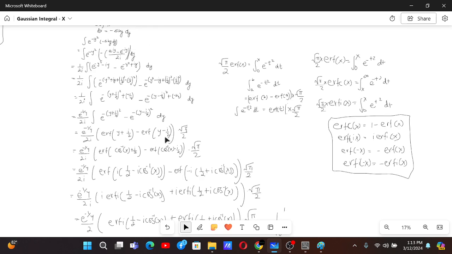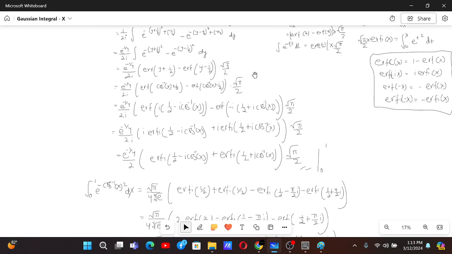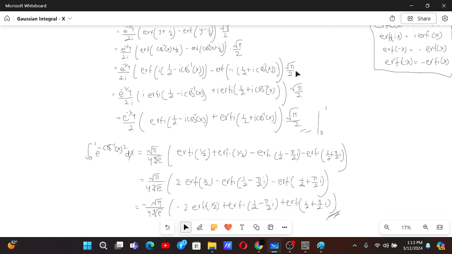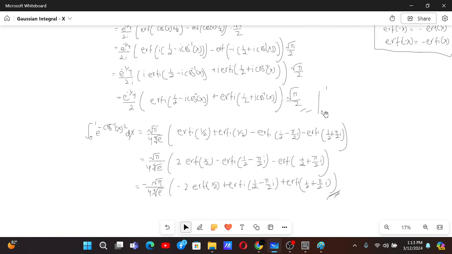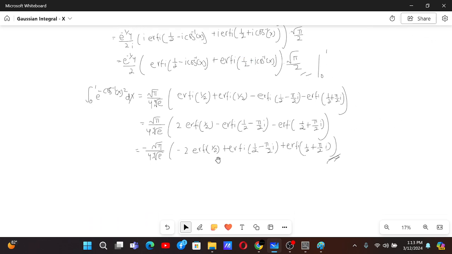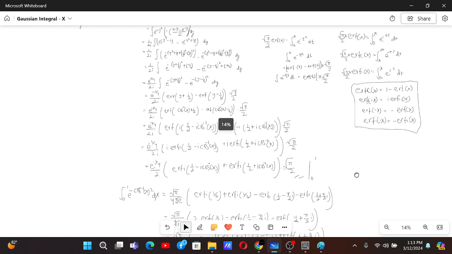Though erfc wasn't necessary, I did share about it. We changed it to erfi to cancel the i over here, and my bad luck that I forgot the root pi by 2. And then we got the indefinite integral, and then we substituted the values that got us the definite integral. So that was it.